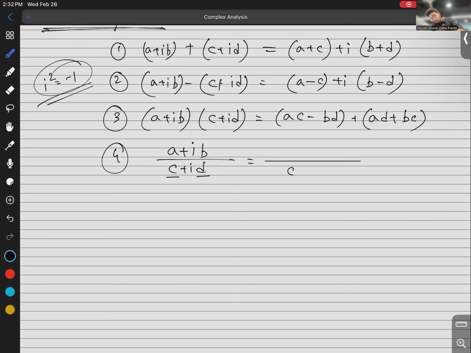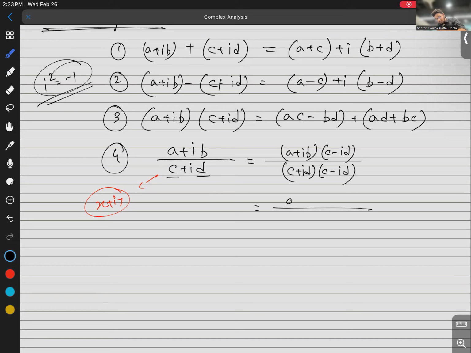Our first goal is to remove this i from the denominator, because we want to represent it in the form x plus iy, that means real part plus i times imaginary part. For that reason, we multiply by c minus id in both numerator and denominator: c plus id times c minus id, and a plus ib times c minus id.